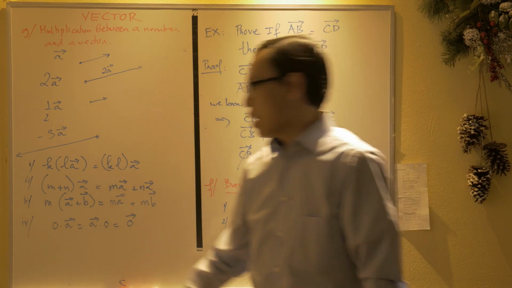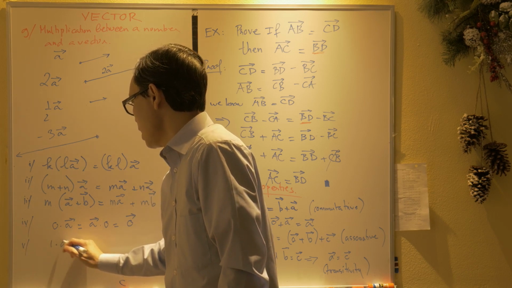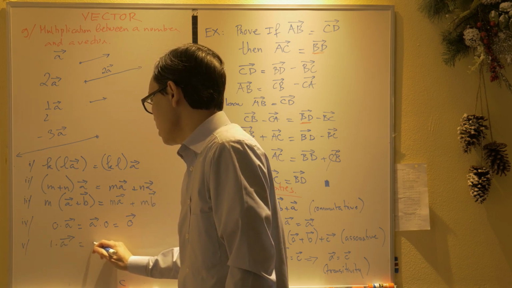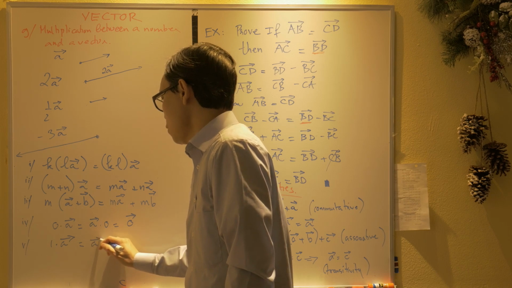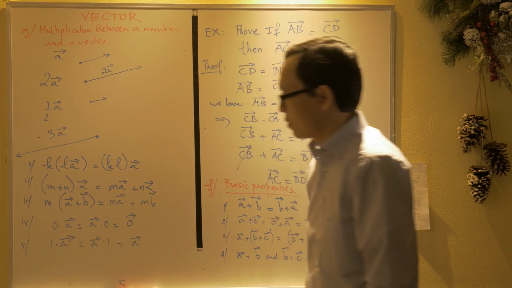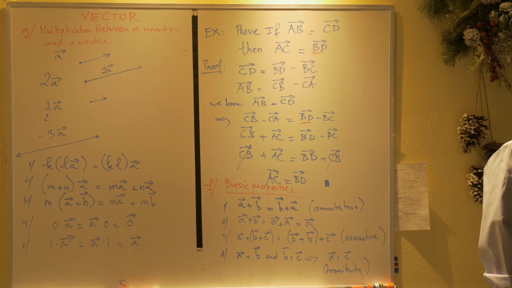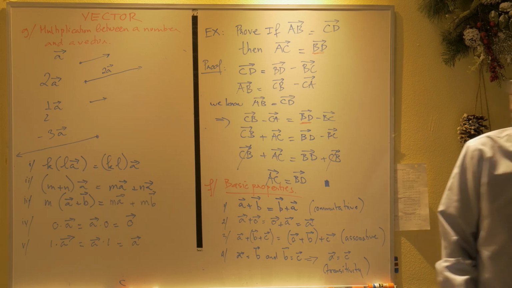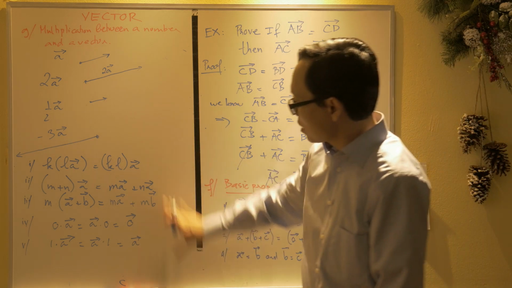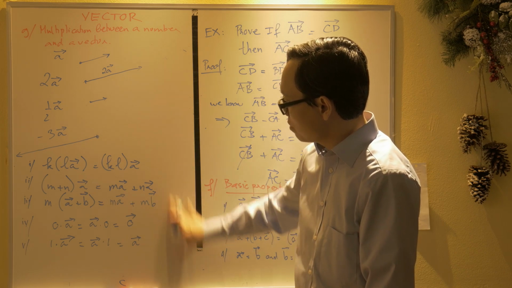Or if you multiply by 1, 1 times vector A is the same as vector A times 1, and it's the same as vector A. So these are the basic properties for multiplying a number by a vector.